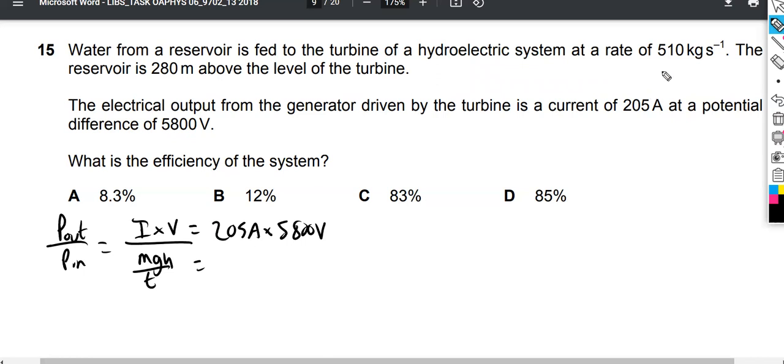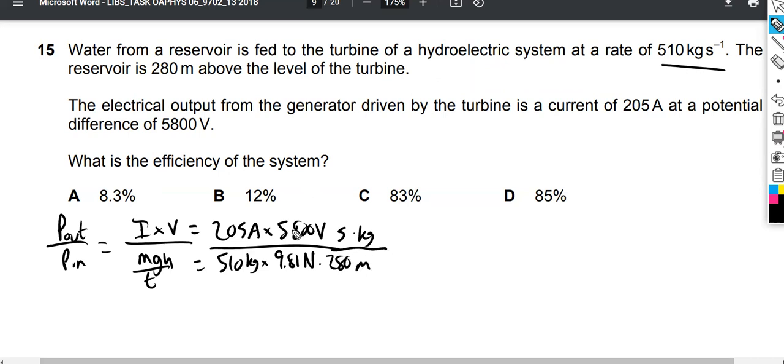So that's just this number here, 510 kilograms. Put the units back up here in the numerator, kilogram per second if we want to. g is 9.81. I'm going to use the units of newtons per kilogram. Meters per second squared and the newton per kilogram are the same thing. And then 280 meters.